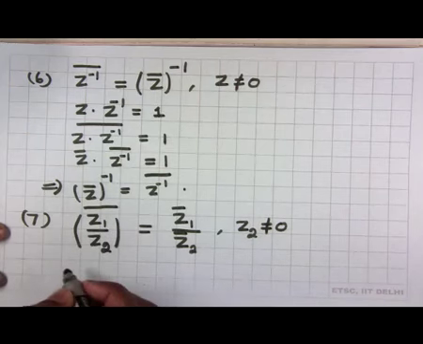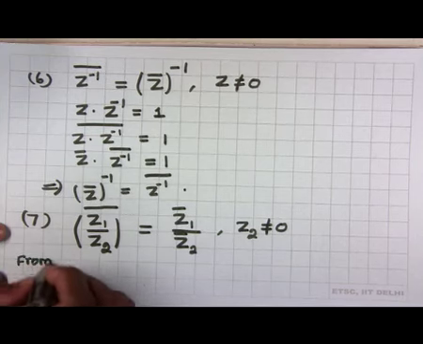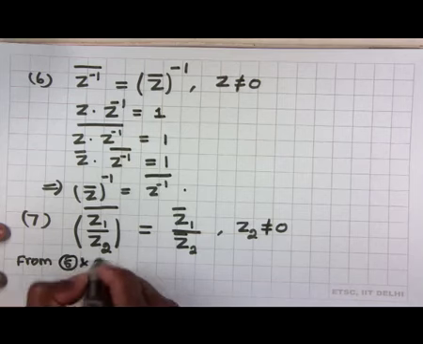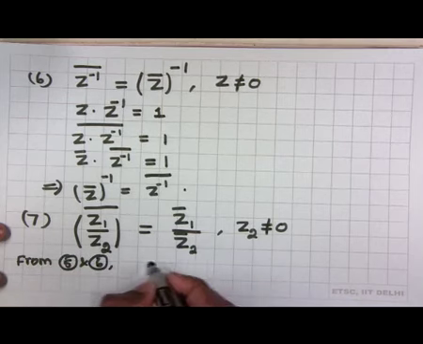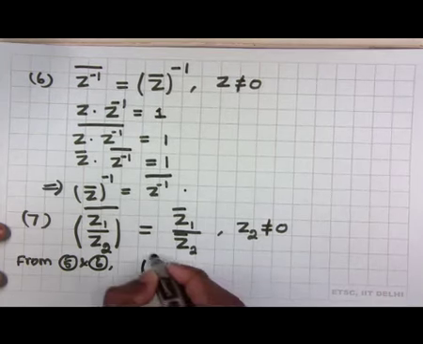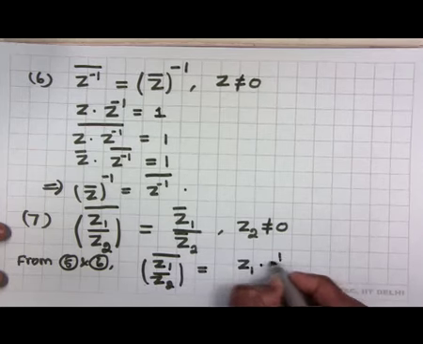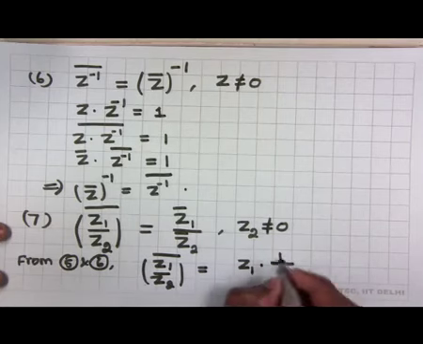So, combining 5 and 6, from 5 and 6 we can derive the following, that is Z1 by Z2, the whole conjugation, can be realized as Z1 product with Z2 inverse.